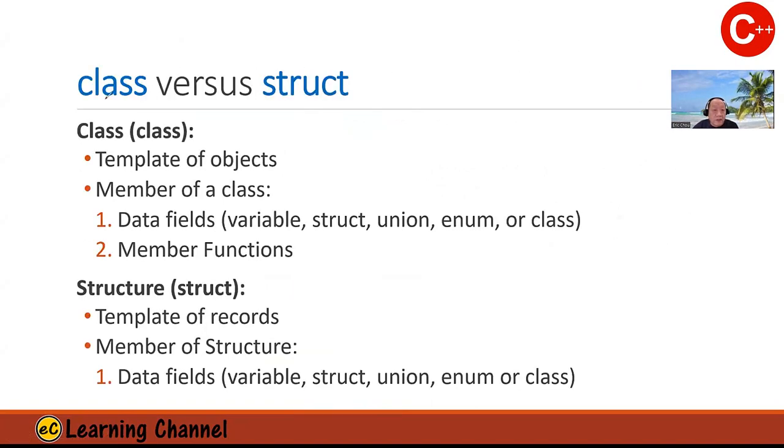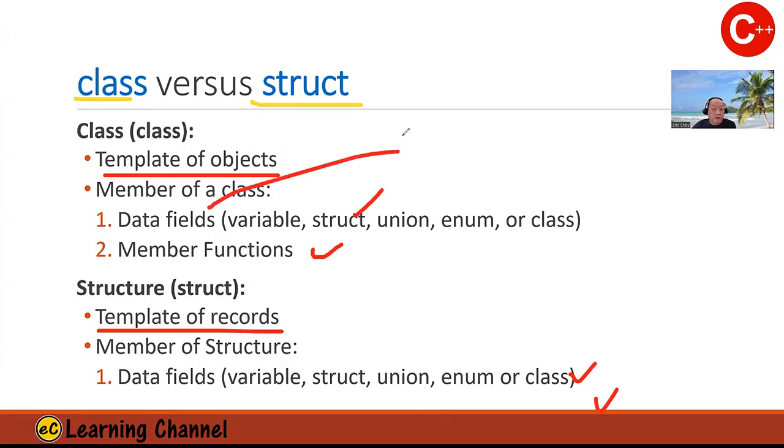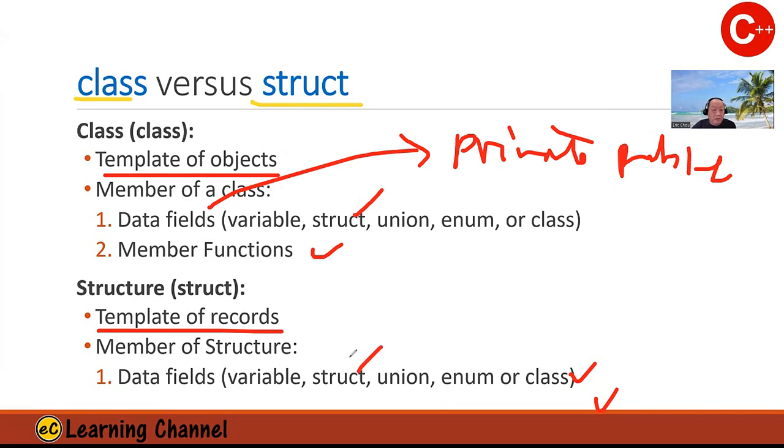So compare class and structure. Class is a template of an object. Structure is a template of a record, okay? Class has members of a class. Structure has members of a structure. So here you do have data fields and member functions. Here you also have data fields and member functions. But remember, this one may have private and public, but this one only has public.